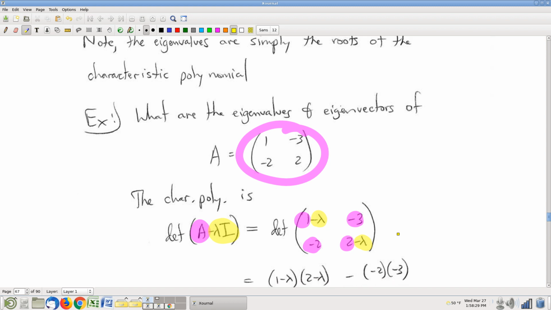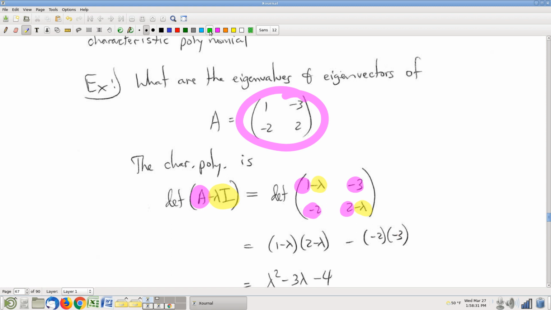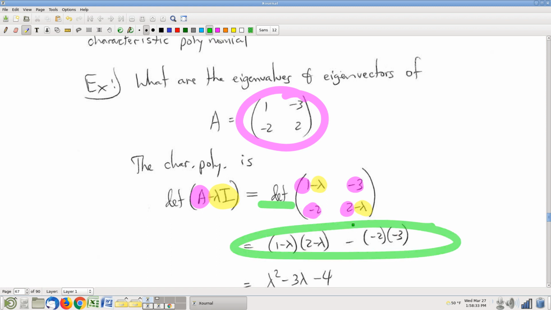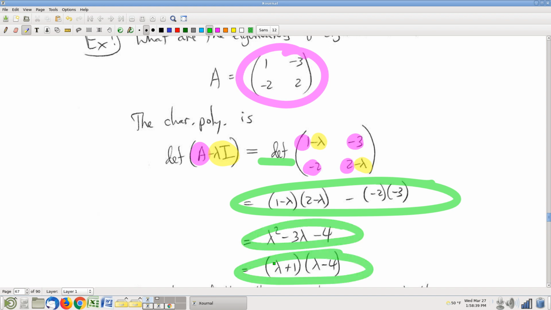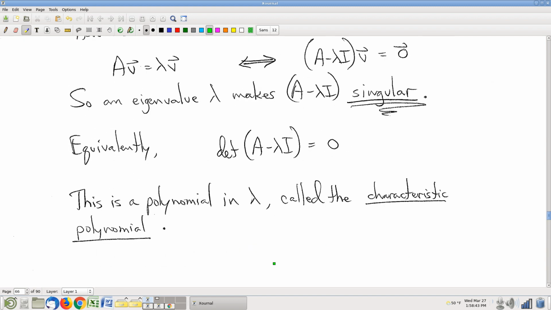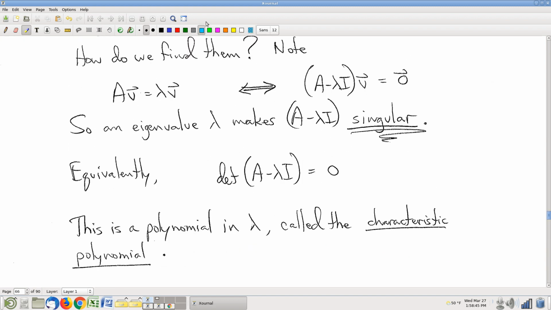Okay. Got to take the determinant. The determinant, by the usual rule, is that which you can multiply out to collect terms to get that, which you can then factor to get that. And then remember, why are we interested in the characteristic polynomial? We're interested in it because the roots of the characteristic polynomial are our eigenvalues.